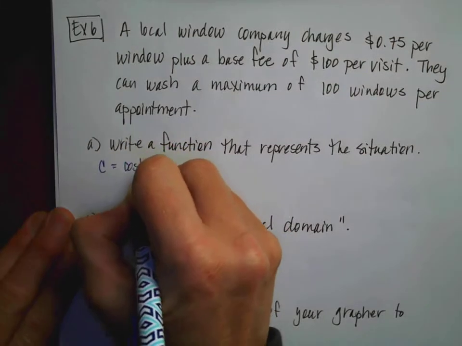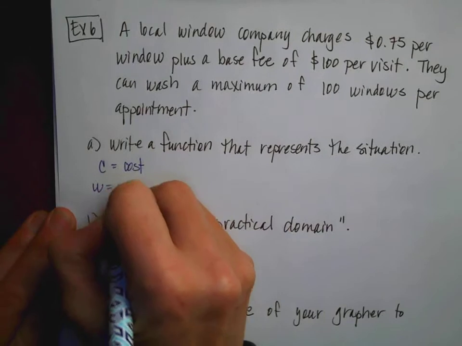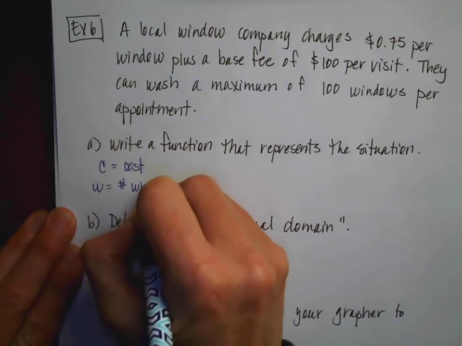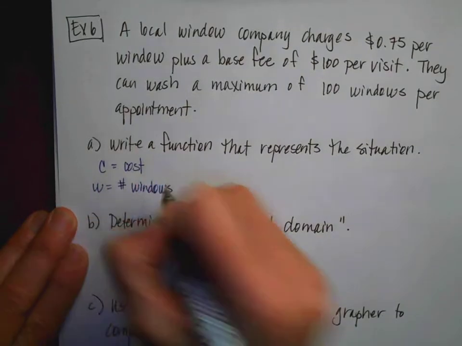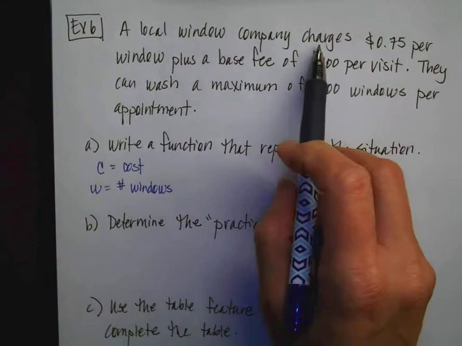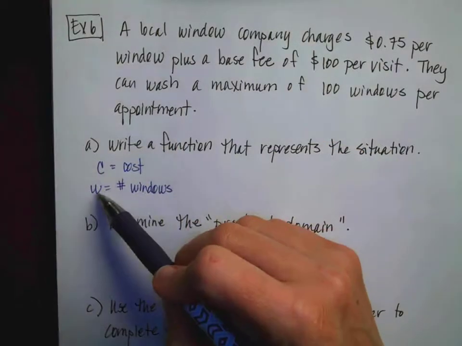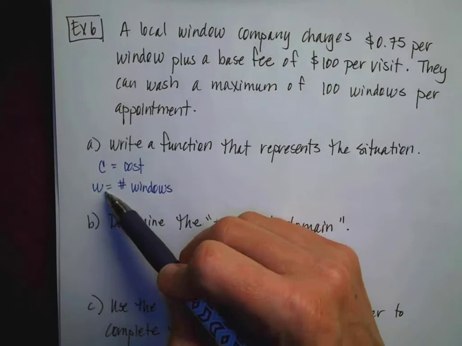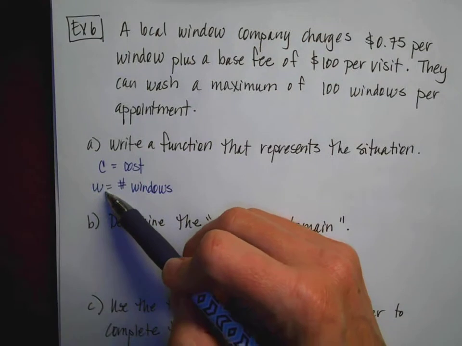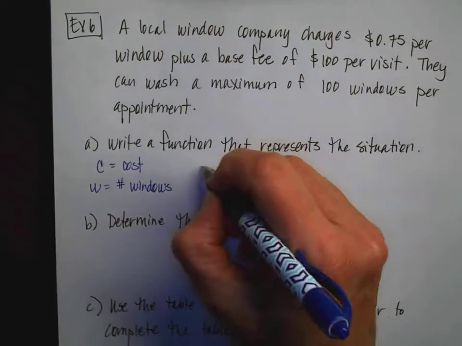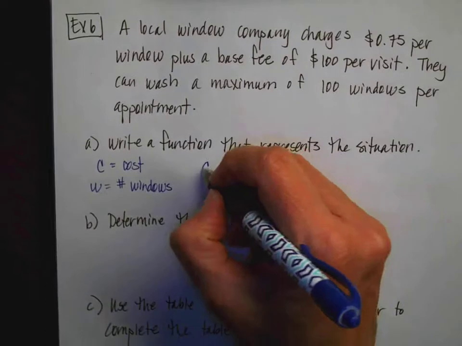So we always want to define our variables. So I'm going to let C equal the cost and W equal the number of windows. When you're choosing your variables, I recommend that you use variables that represent the words in the problem because it's easier to not get confused. Okay?